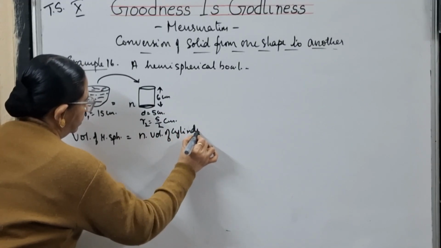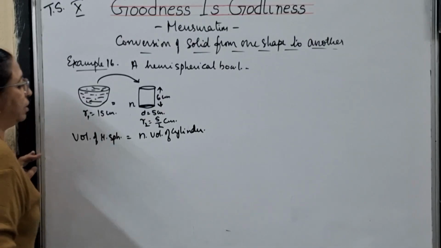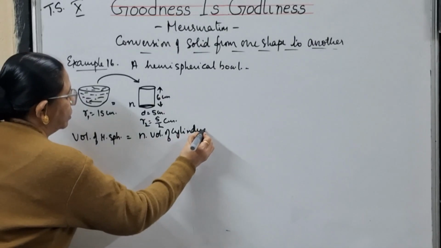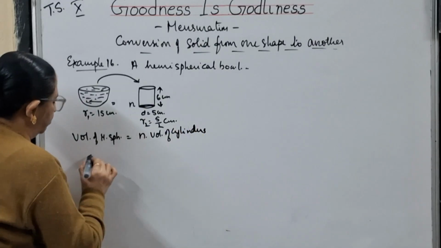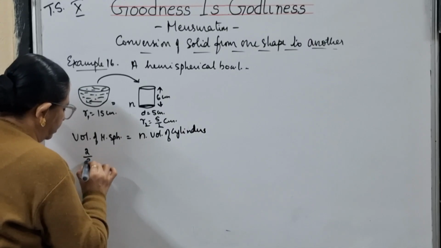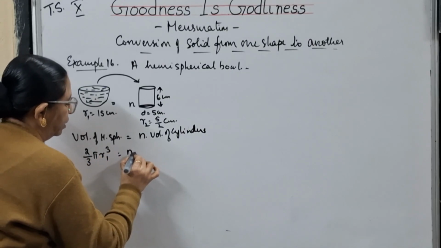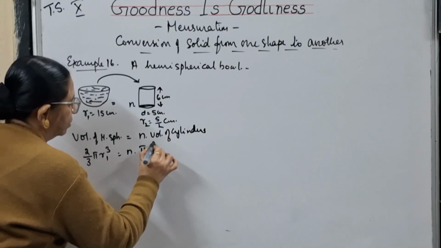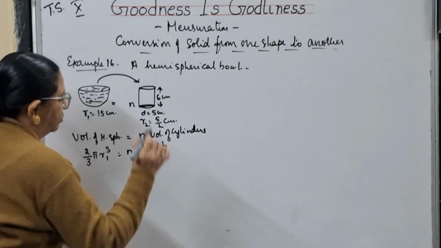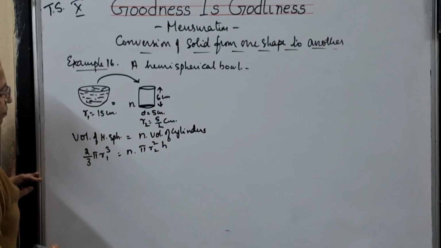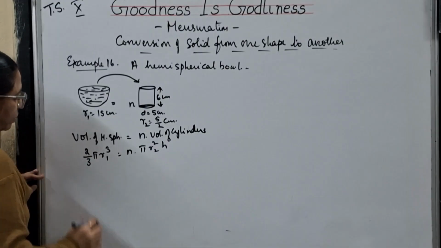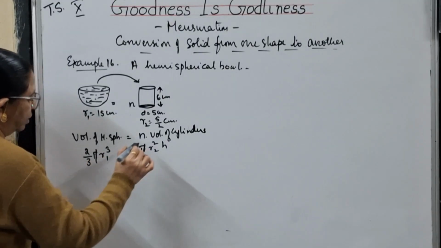How many cylinders? We don't know. n volumes of cylinders. So here volume of hemisphere 2 by 3 pi r1 cube is equal to n into pi r2 square h. So in this, you can cancel pi here and here.